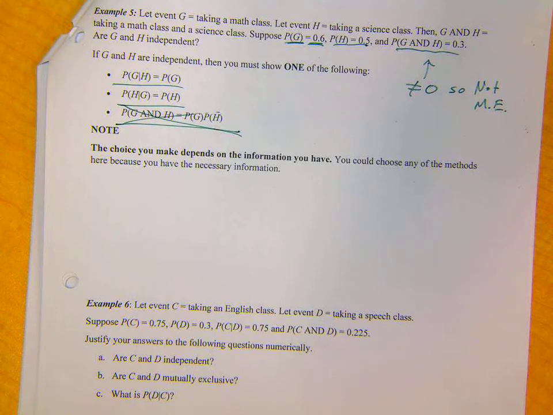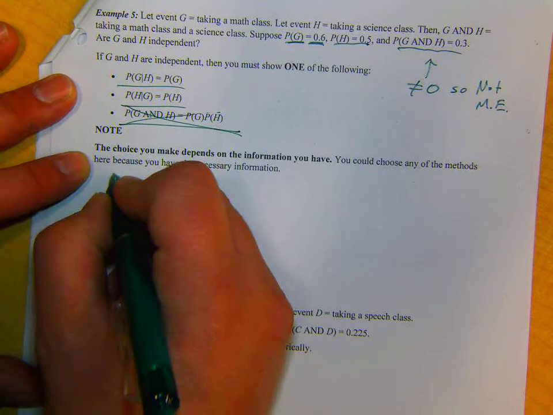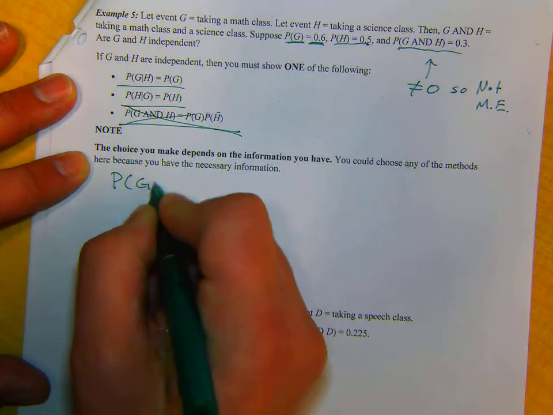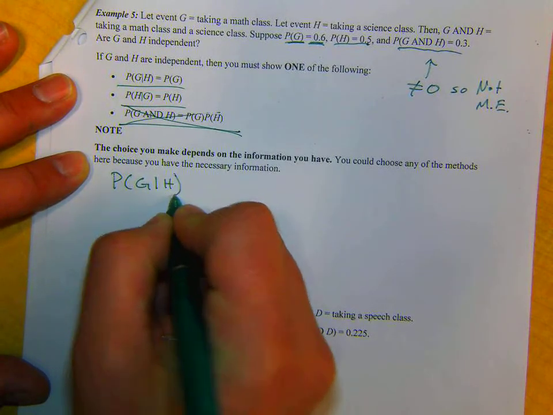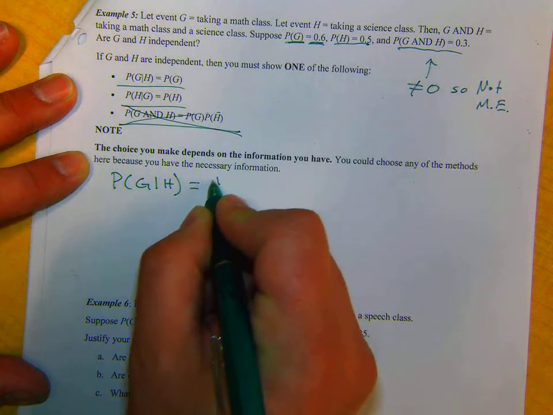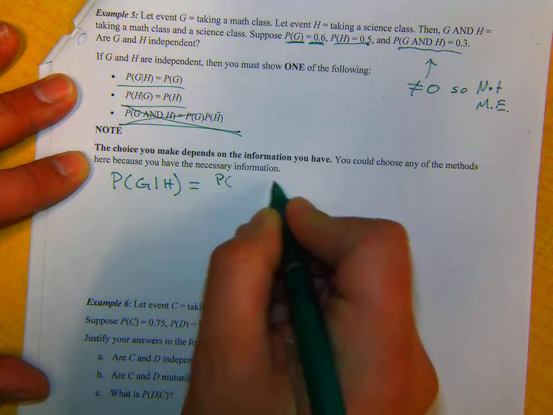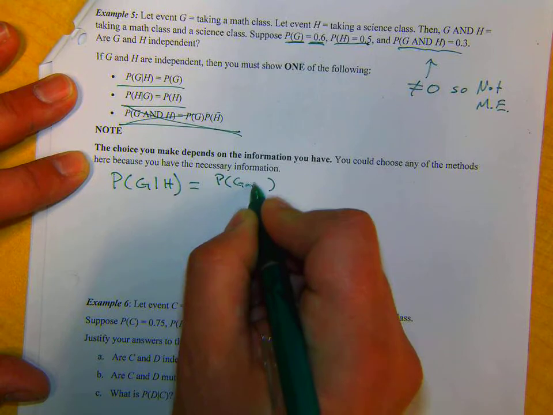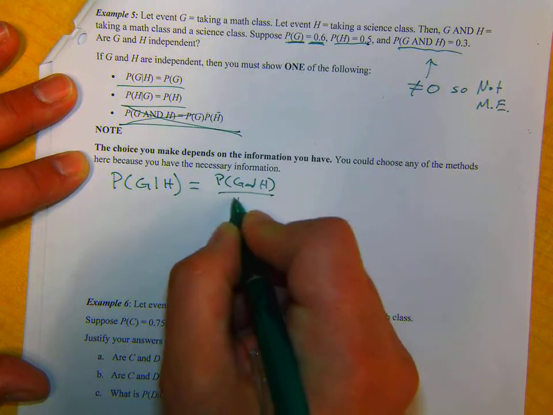So let's talk about that. We do have a formula that allows us to find something like the probability of G given H. Remember that formula? P of G and H all over P of what?